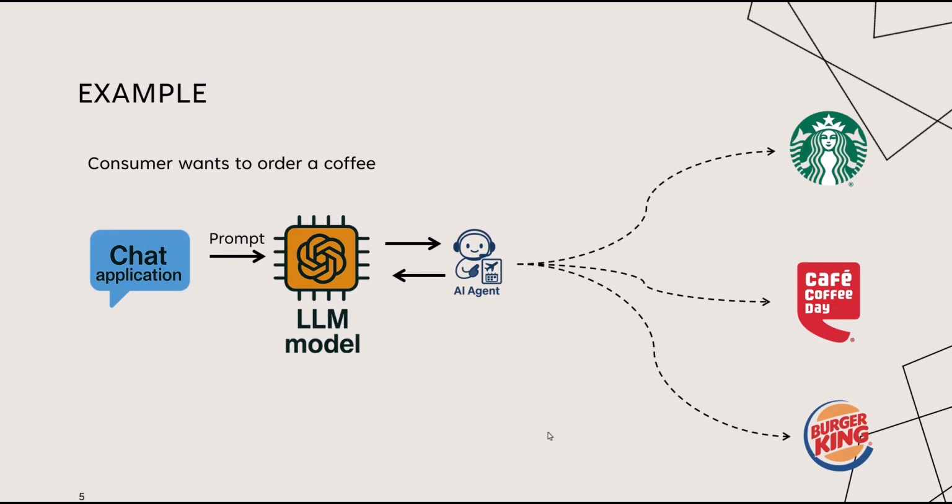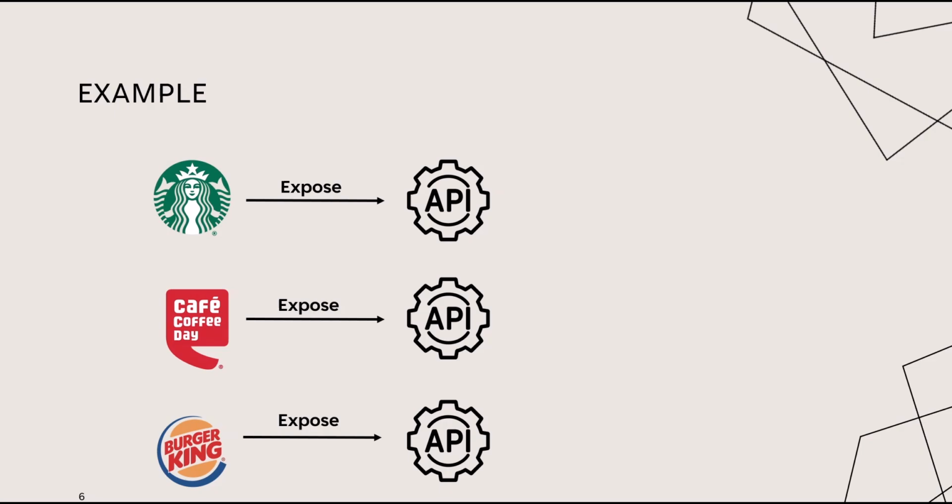Let us pause our discussion for a moment and understand how vendors enable consumers to order a coffee online. The simplest way for a third-party vendor to allow customers to place orders is by exposing APIs. Each vendor provides its own API, which consumers can use to submit the order request.